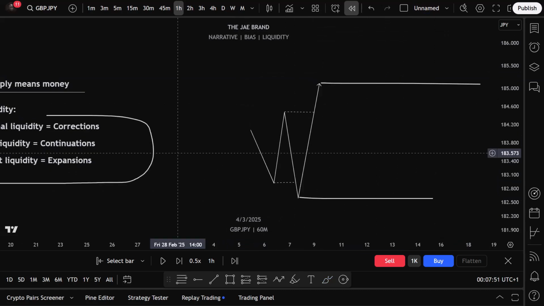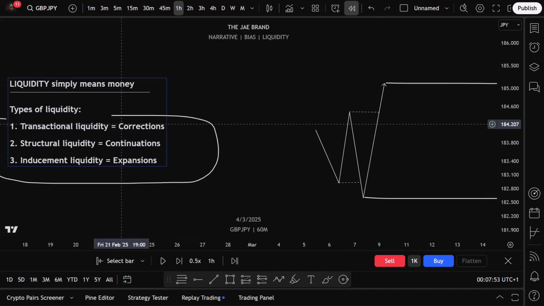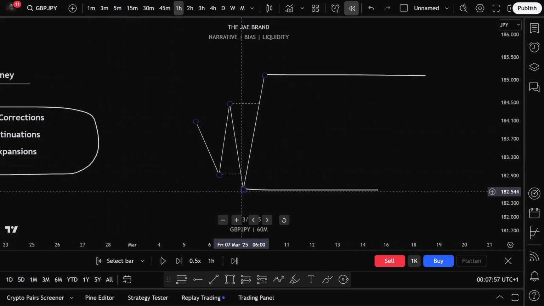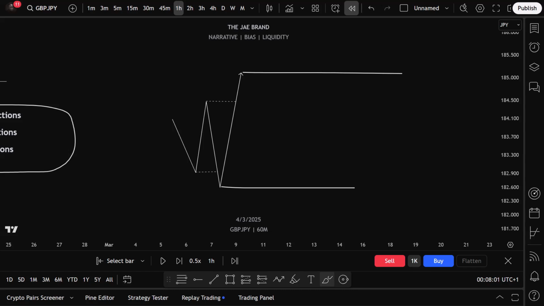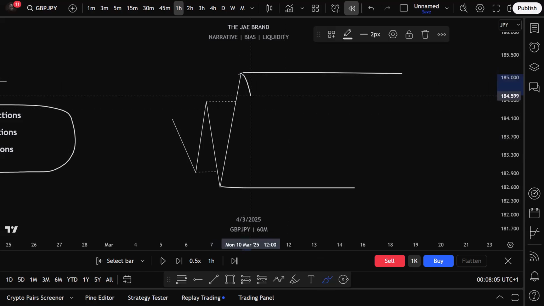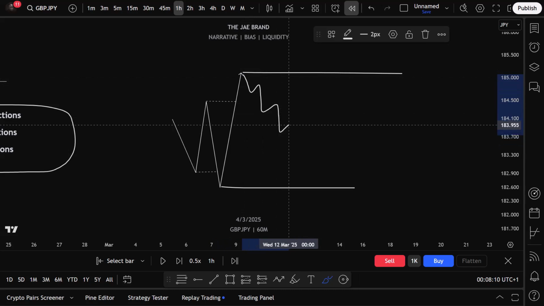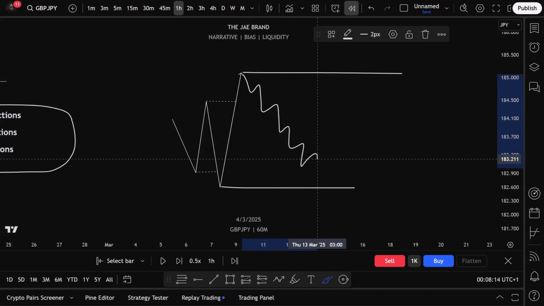Now, transactional liquidity, as it is stated here, is used for correction. So anytime price takes out transactional liquidity, we expect the market to correct itself into the discount zone of that swing structure.